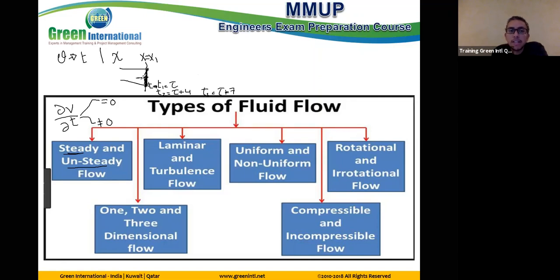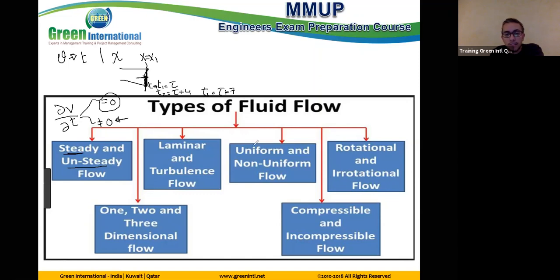It means the rate of the velocity crossing this cross section is not constant, so in this case it is not equal to 0. It means unsteady. But in the other case, if at time 1, time 2, at any time we study it is the same, it means this equals 0. It means this one is steady.